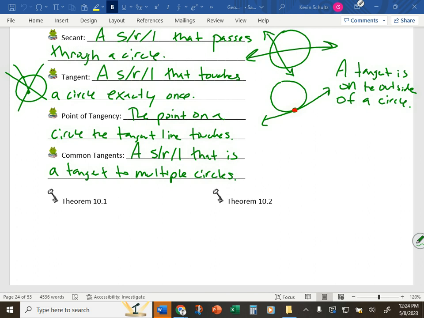So for example, I'm going to draw my tangent line first because otherwise it's hard to get these to line up. If you have a line coming through here that's tangent to this circle, and pretend that it touches, there you go, tangent to that circle too. That is a common tangent. It is a tangent line to more than one circle.